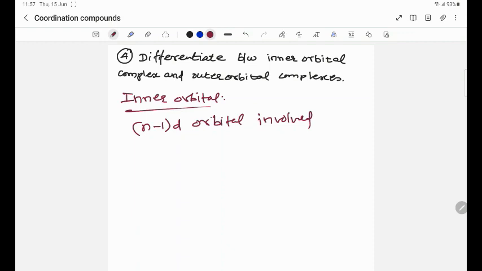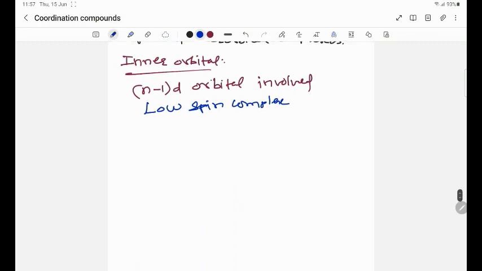Then if inner orbital is involved, mostly pairing of electrons will take place. So it is also known as low spin complex. And they may have very few or no unpaired electrons.